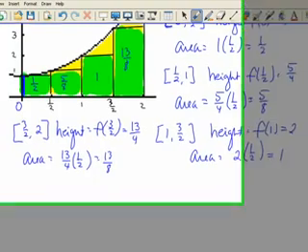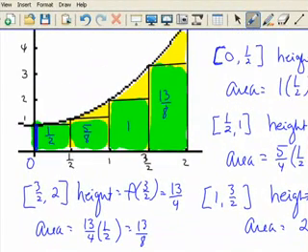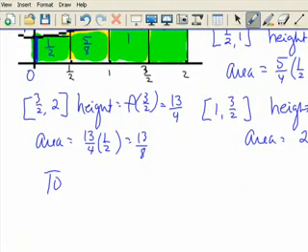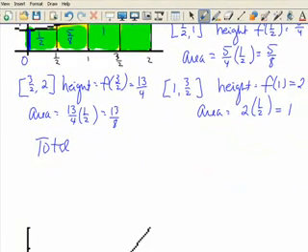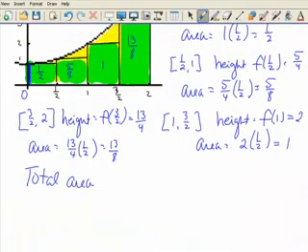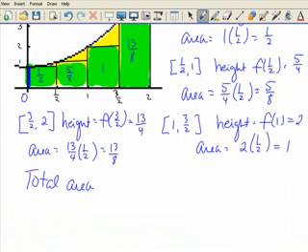So the total area under that curve... Okay, slow down. Write carefully. Total area. Okay, the estimate for the area under the curve would be the sum of those four areas.